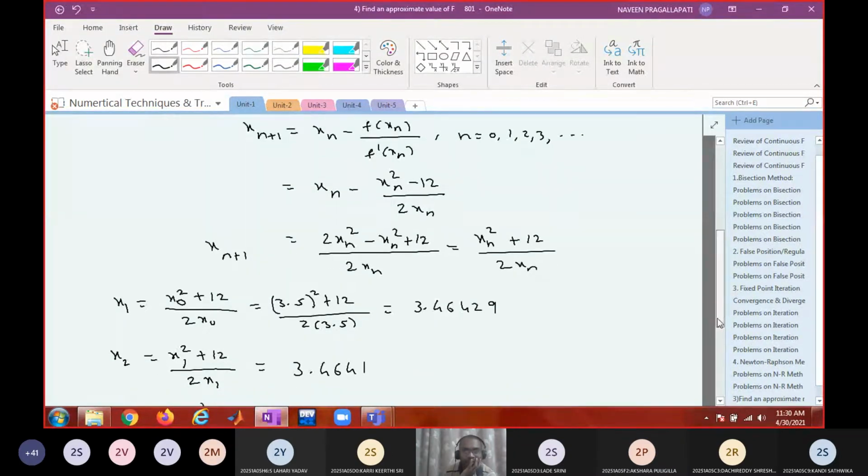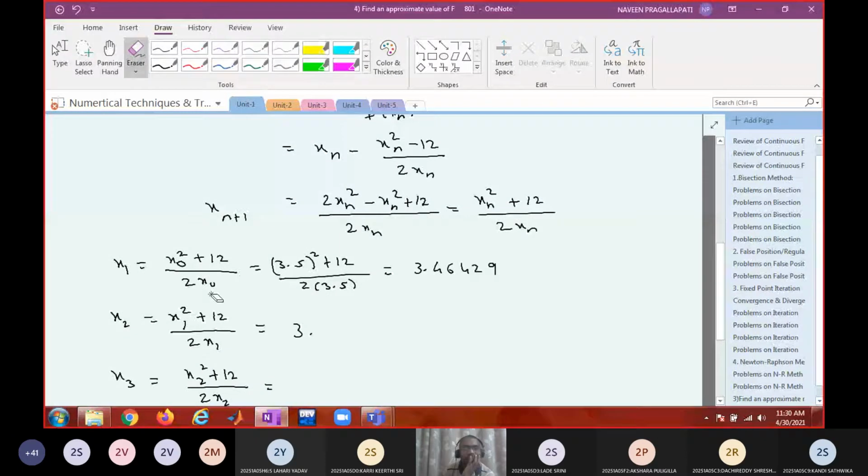Then what will be x2? What is x2 value? 3.46410.